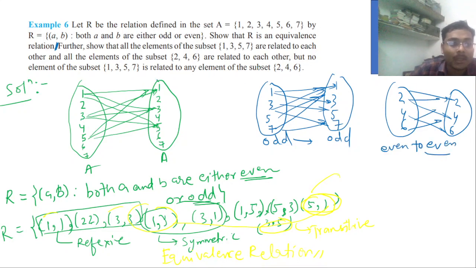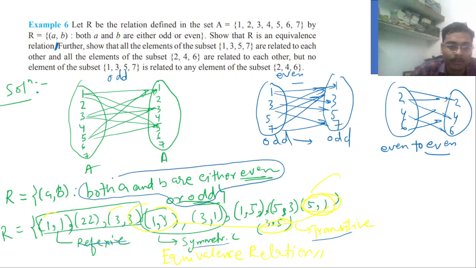But we are not relating any odd element to any even element. That's why the relation is reflexive, symmetric and transitive. If we relate even to odd, then we will break the rule of the relation and no element will stay inside the relation defined.